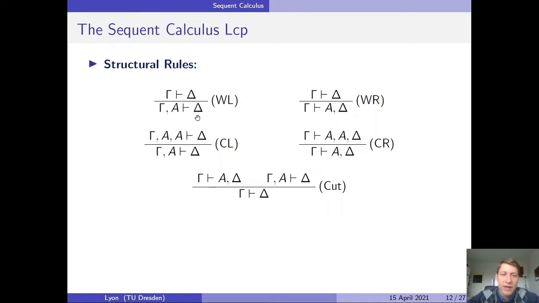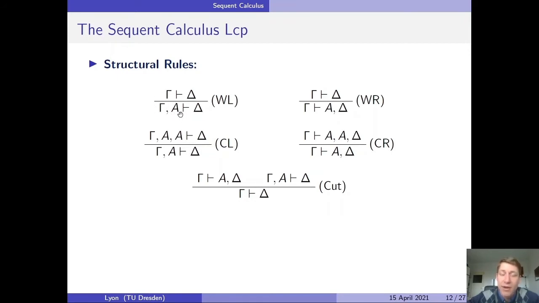If we look at weakening left, it's not too hard to see why this is a sound rule. What is the weakening left rule saying? Well, if we assume that the premise is true, then this means that something in delta is implied by everything in gamma. If we look at the conclusion of weakening left, why is it true? Well, that thing in delta that was implied by everything being true in gamma is still implied because you have the gamma present.